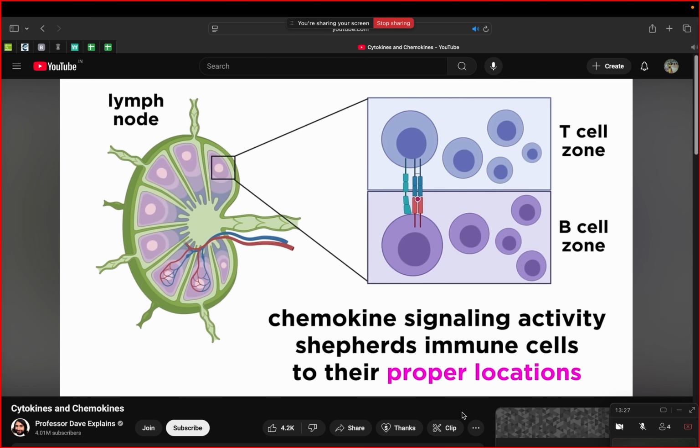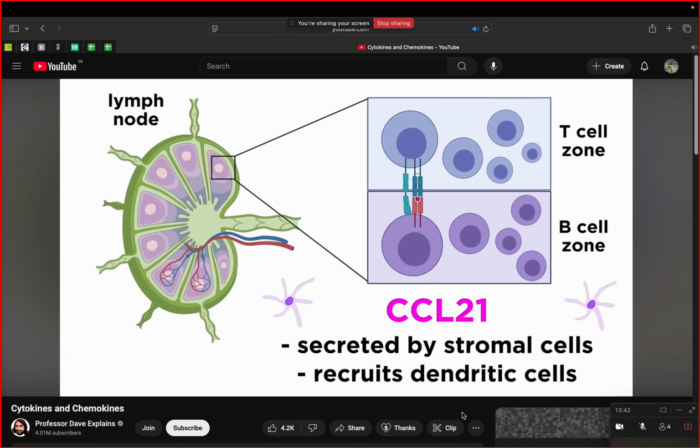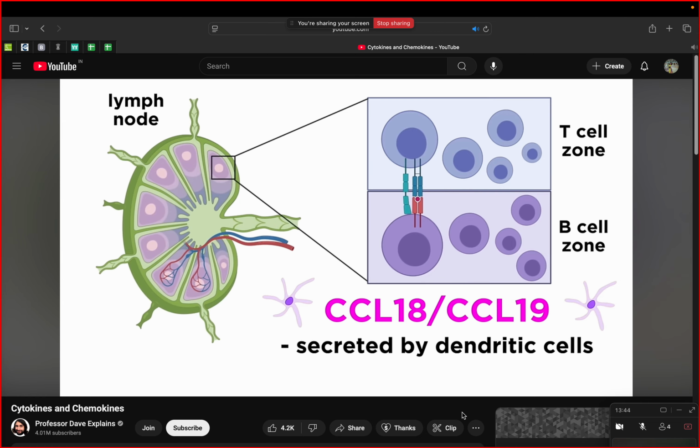As we mentioned before, chemokines are also very important for directing lymphocytes to where they need to go in the lymph node and other lymphoid tissues. CCL21 is secreted by stromal cells in the lymphoid tissue to recruit dendritic cells.